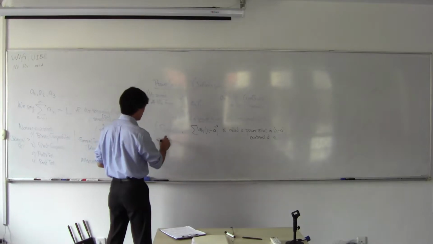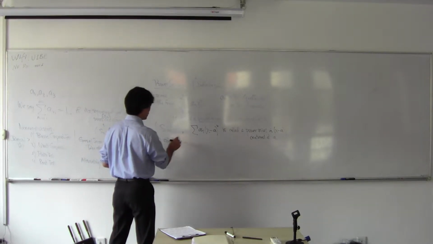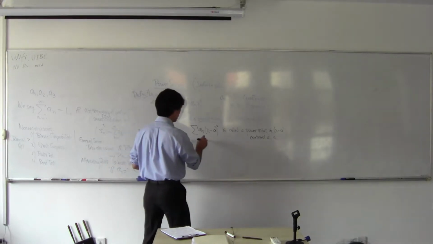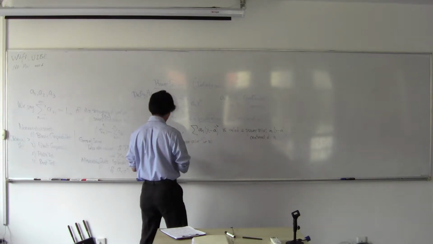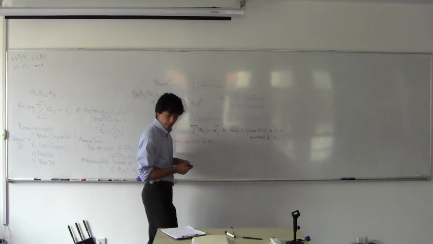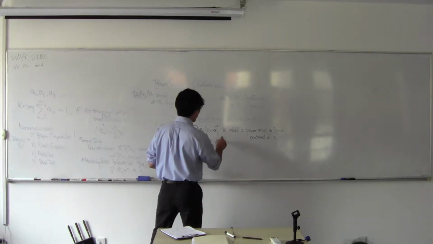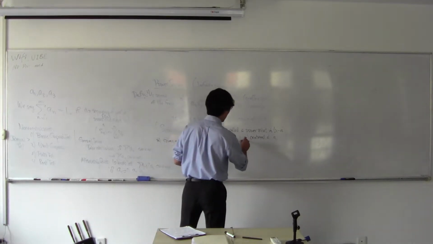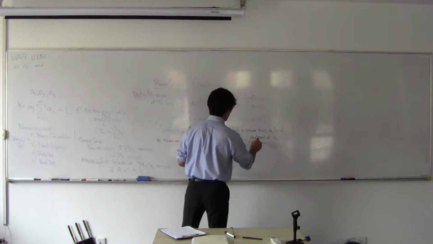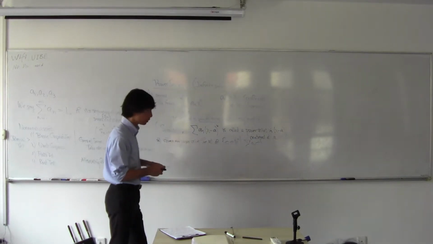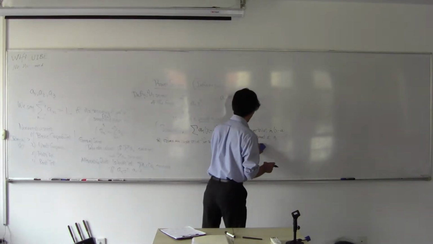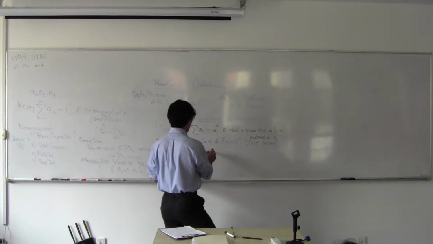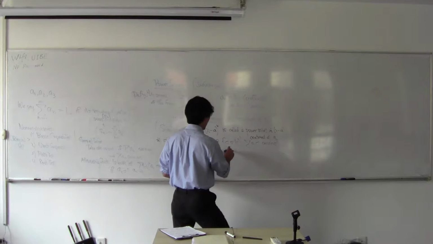Second part of the definition: given any power series, the set of c such that the sum of a sub n c to the n converges is called the domain of convergence.